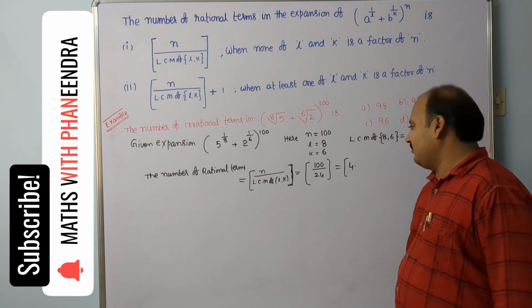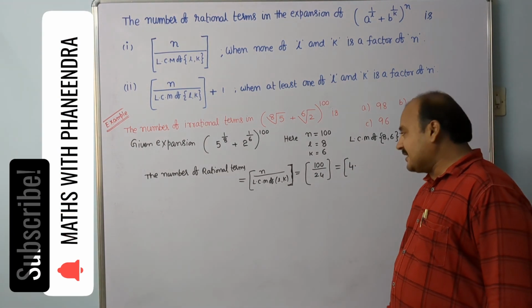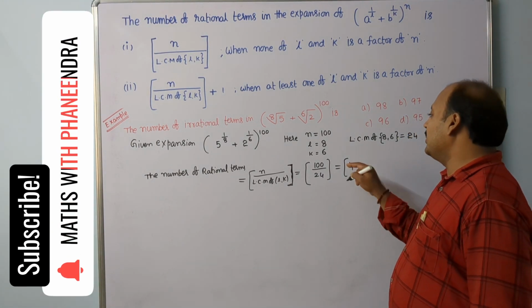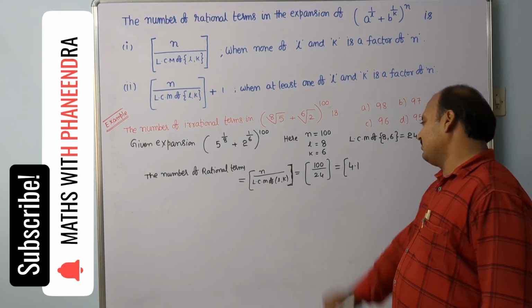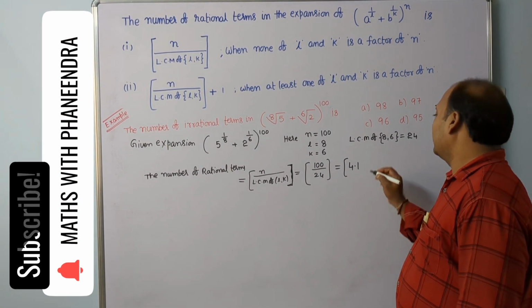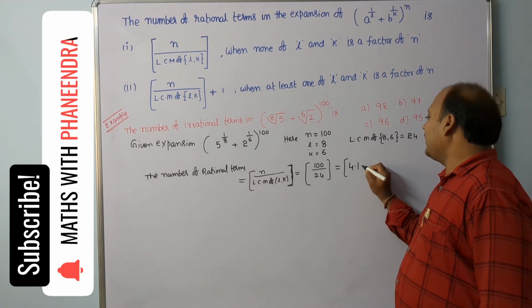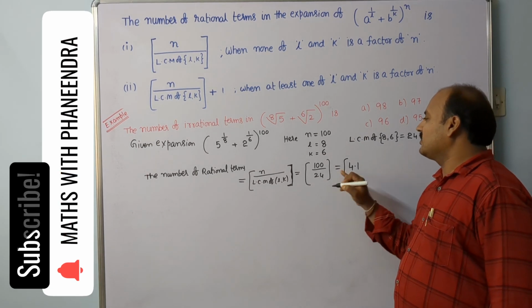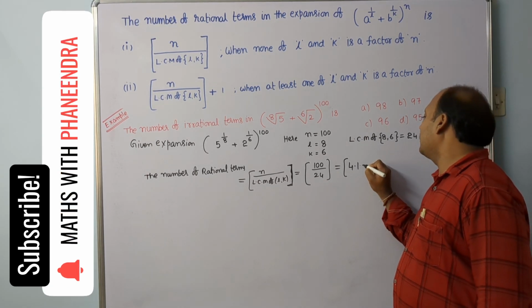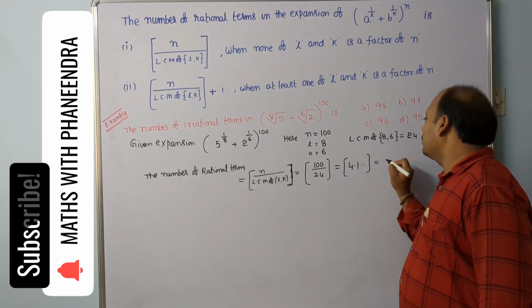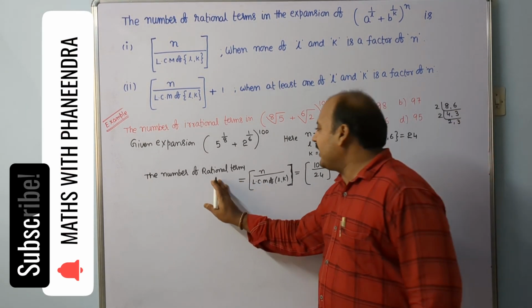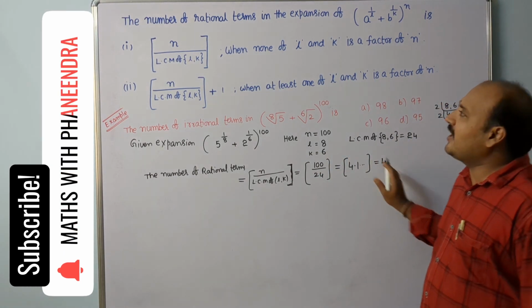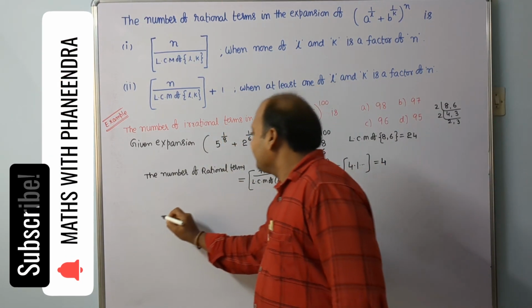So 24 fours are 96, and the remainder is 4, so 100 divided by 24 is 4 point something. Step of 4.1 is 4. The number of rational terms is 4, but they are asking for irrational terms.